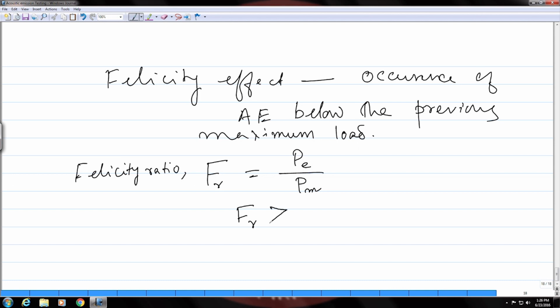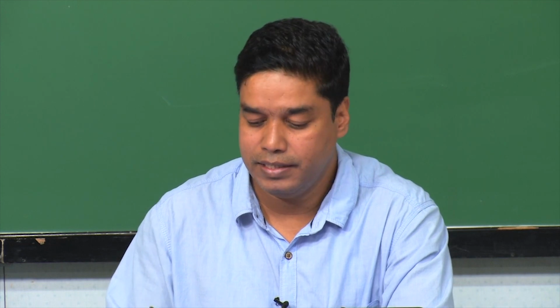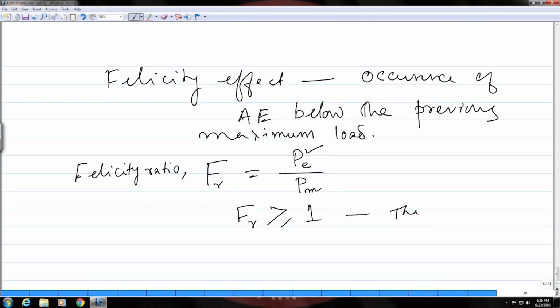So, this immediately tells you that if FR is greater than or equal to 1, then you know that the existing load at which emission is occurring is either equal or greater than the previous maximum load, and as we have already seen, this means that there is no damage which has happened in this interval. Okay. Because as I said, this inspection is done in a particular interval.